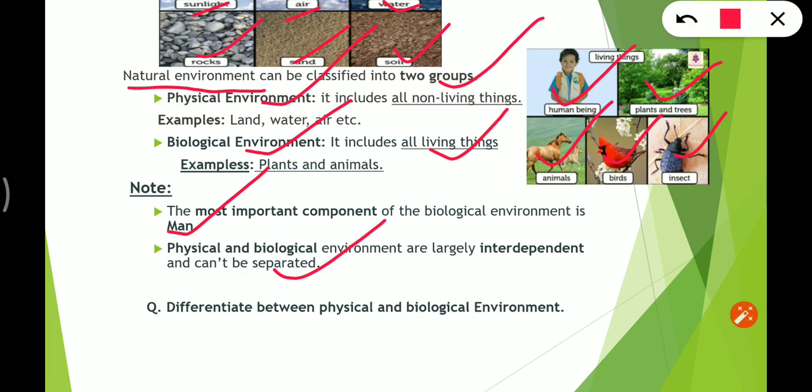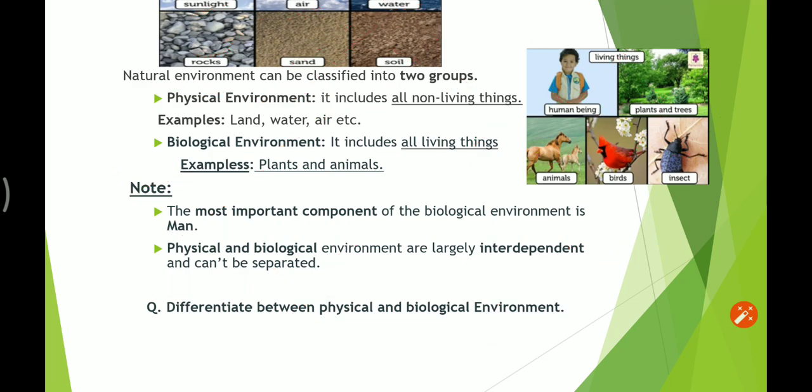On the other hand, some changes are very sudden, like the changes brought about by the occurrence of an earthquake or volcano. So these are interdependent. The question you have to attempt from this slide is: differentiate between physical and biological environment. Here is the difference, you can find it here. Let's move to the next one.